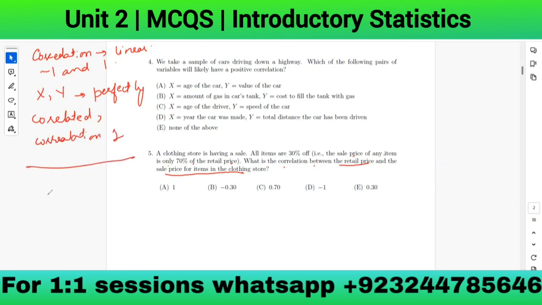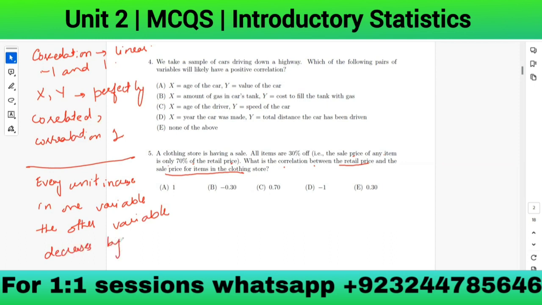And if for every unit increase in one variable, the other variable decreases by a constant rate, then the correlation will be -1, perfectly -1.